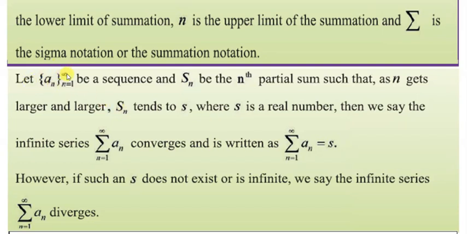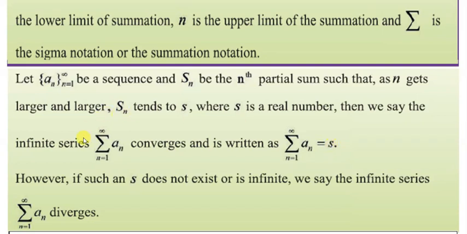Let an, with n running from 1 up to infinity, be a sequence, and Sn be the nth partial sum, such that as n gets larger and larger, Sn tends to s, where s is a real number. Then we say that the infinite series converges, and it is written as the summation of an, n running from 1 up to infinity, is equal to s.